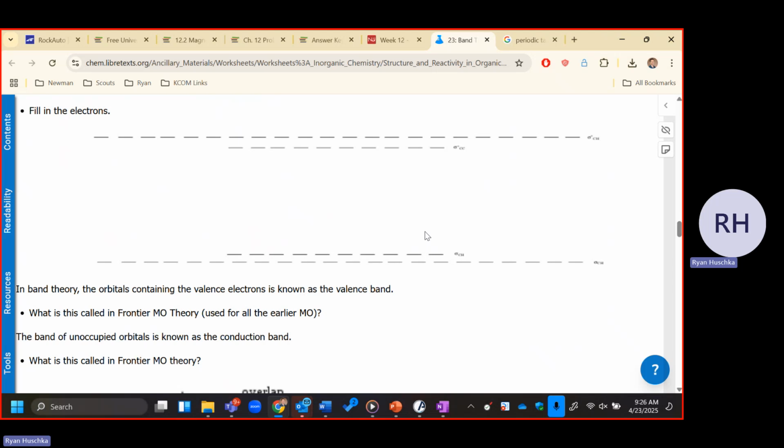So every orbital on there, every line, would have 2 electrons, one up, one down. And then as we go to the second row, we would have almost all of them filled, with the exception of 2 of them.